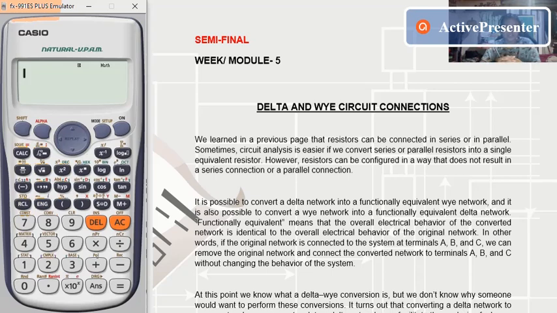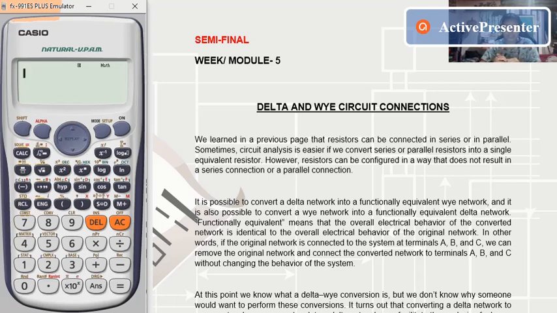In other words, if the original network is connected to the system at terminals A, B, and C, we can remove the original network and connect the converted network to terminals A, B, and C without changing the behavior of the system.